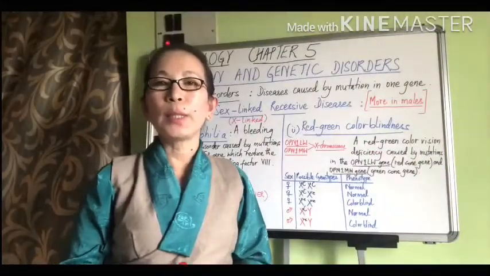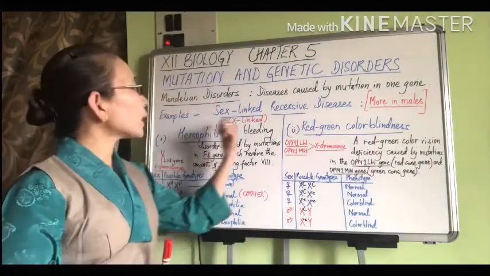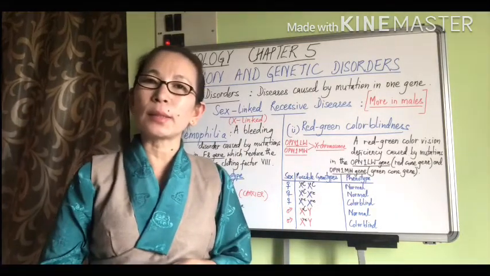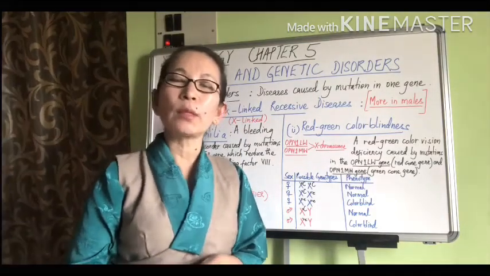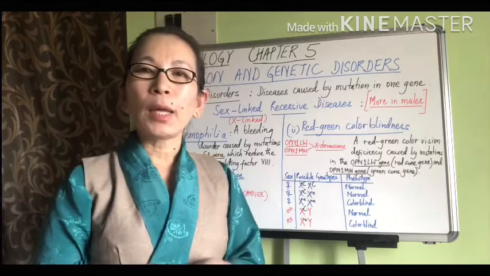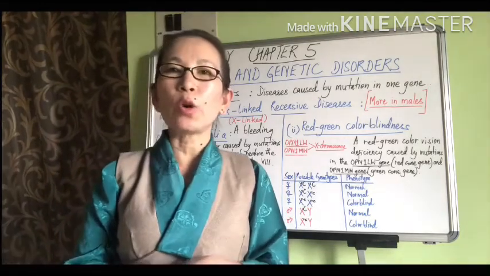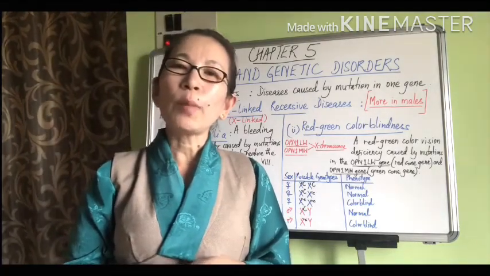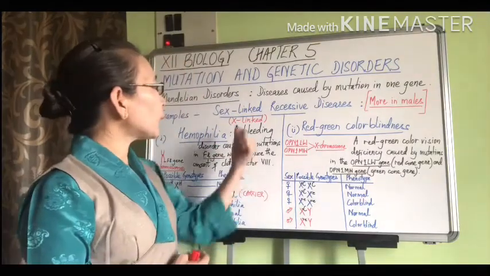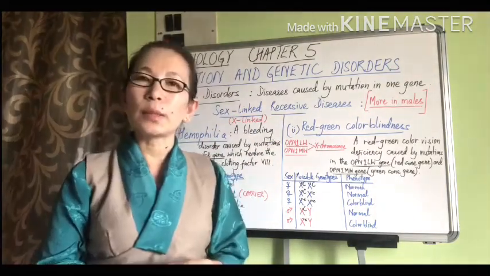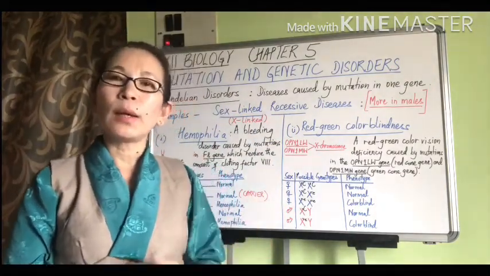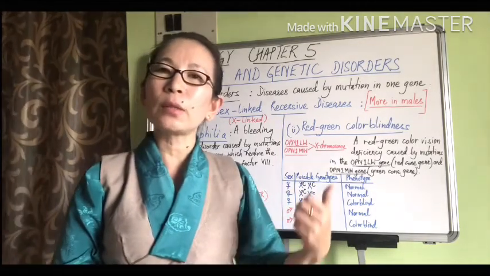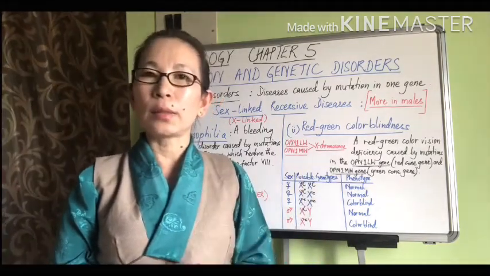Another category of Mendelian disorders are the sex-linked disorders, or sex-linked diseases. These are diseases which affect males and females differently, and the genes for these diseases are located on sex chromosomes. I'm going to focus on 2 X-linked recessive diseases. You will notice that most sex-linked diseases are recessive and X-linked.